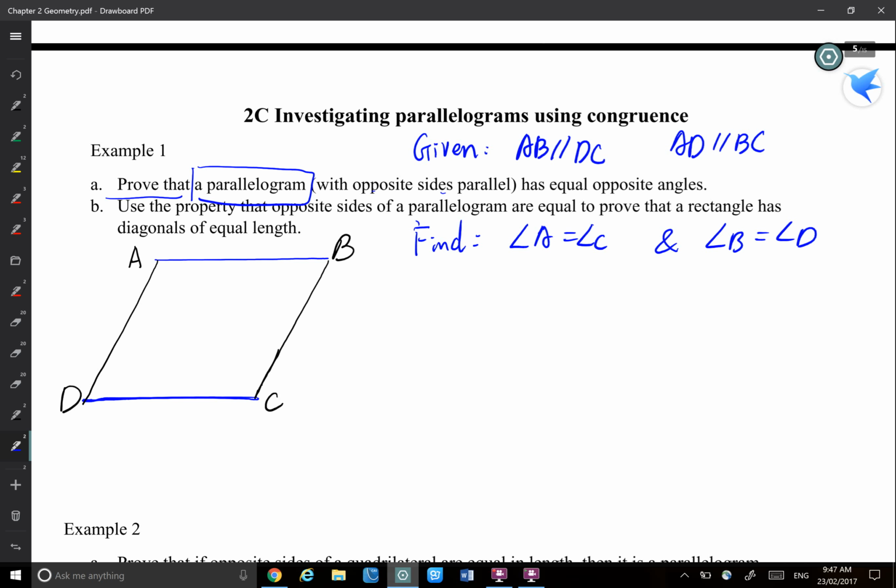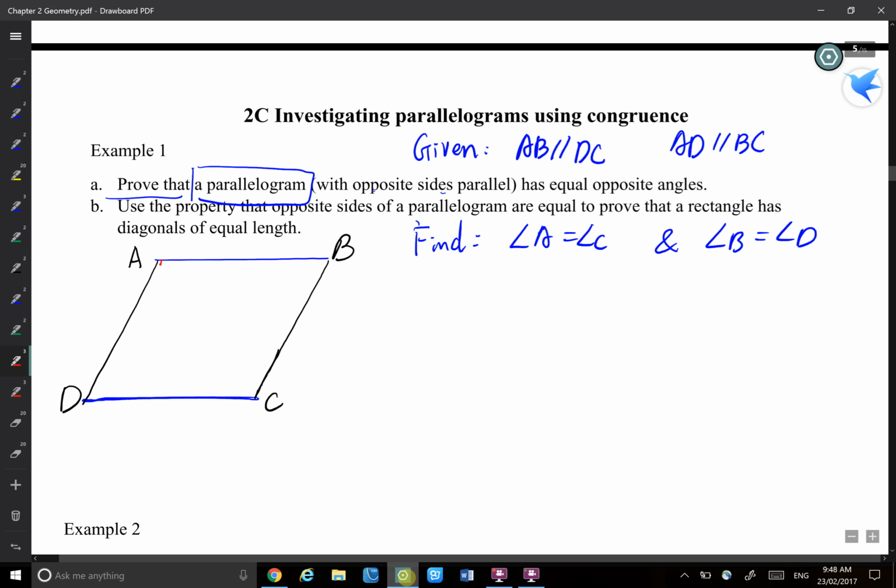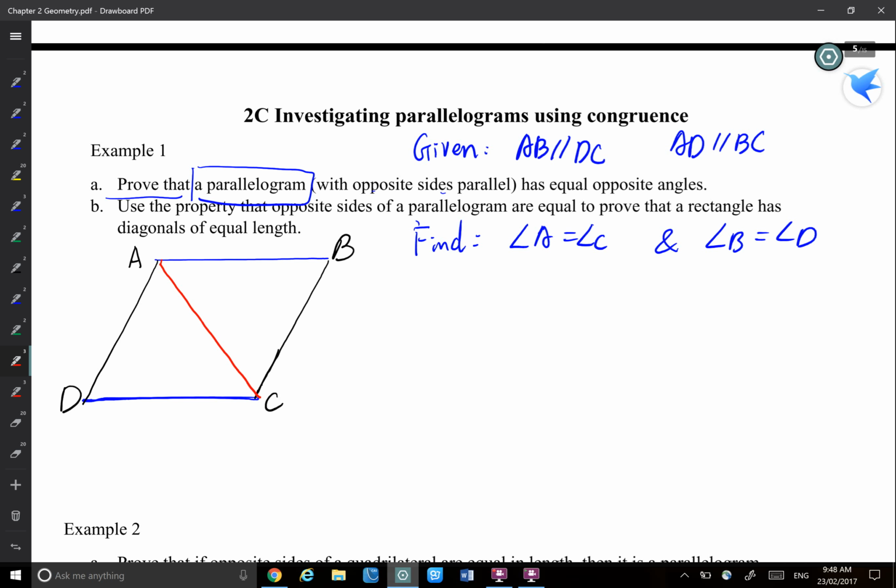So what you can do now is connect AC, or you can connect BD, doesn't really matter. So let's connect them. I want to prove those two triangles are congruent.